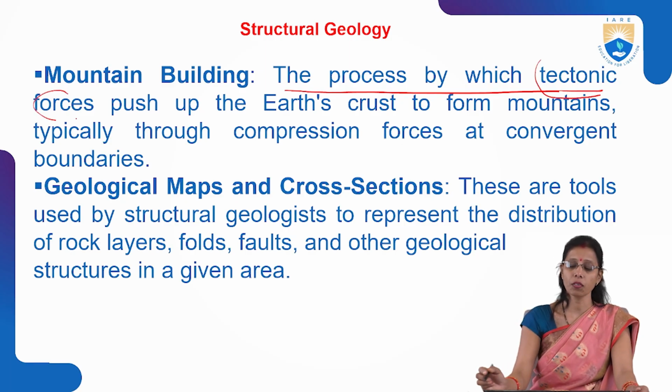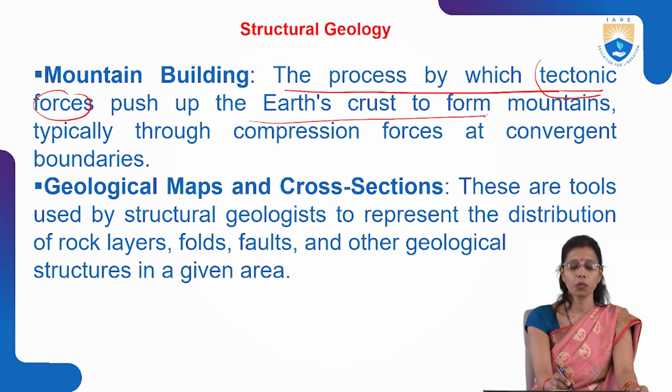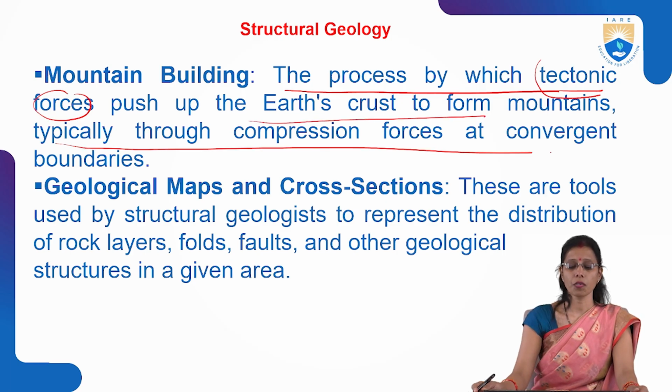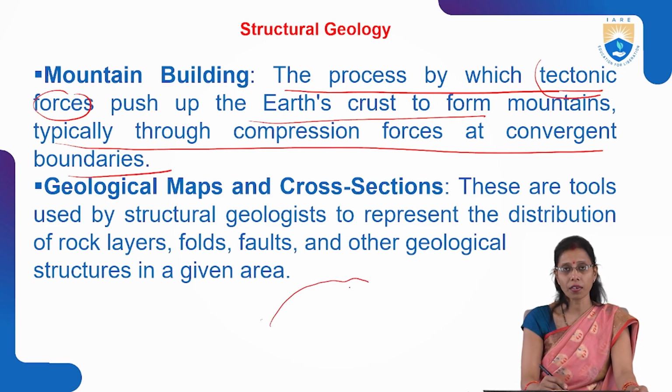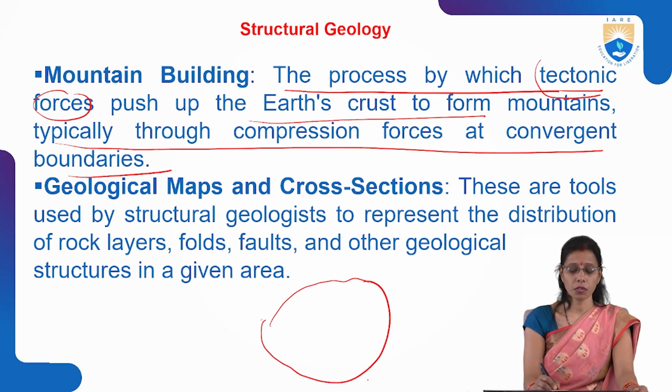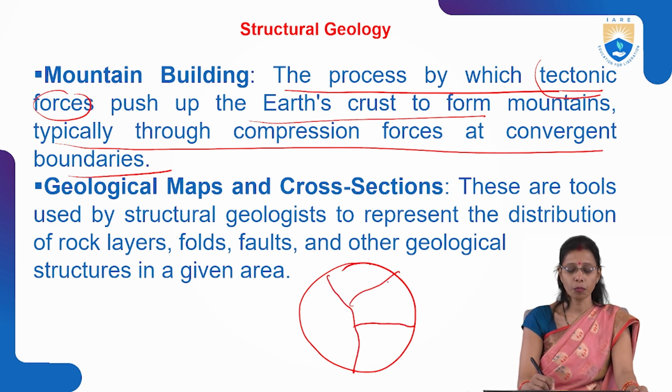Wherever tectonic forces push up the earth crust, mountains form, typically through compression forces at the convergent boundaries. So wherever you have a convergent boundary, for example, suppose this is the earth surface, and here we have boundaries like this.